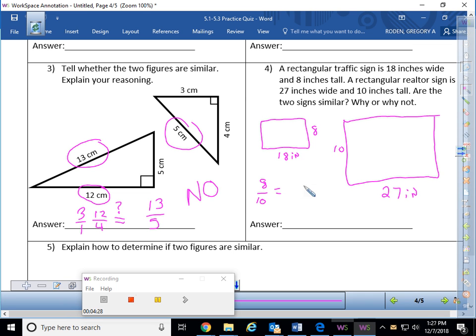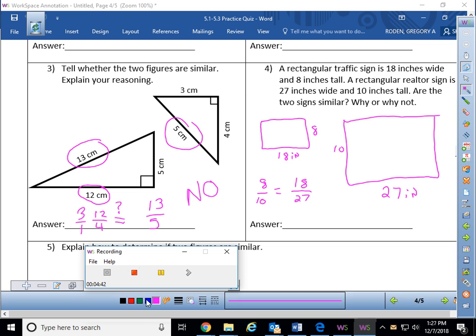And then we're going to go over here, and then I'm going to pick 18 over here. And what corresponds with 18 over here? Well, the only thing that's left is 27. All right, let me just reduce these really quick because I'm not quite sure if they're equal fractions. Well, let's see here. 2 goes into 8 4 times, and 2 goes into 10 5 times.